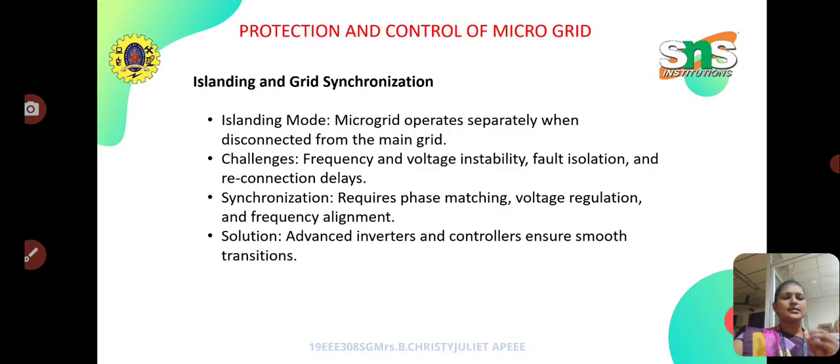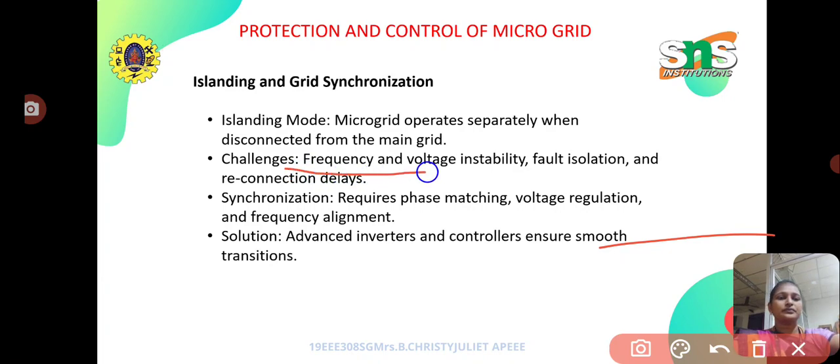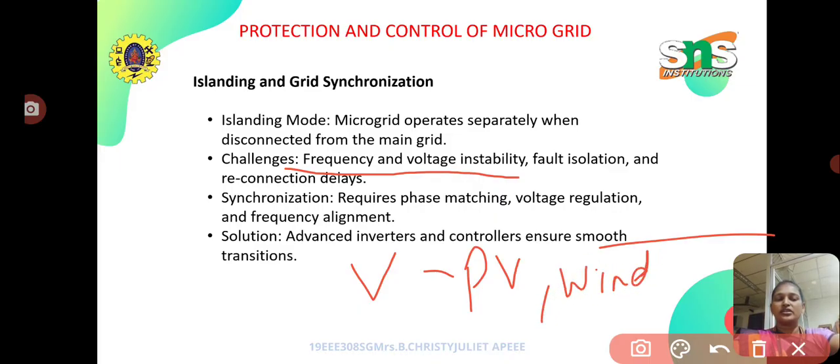But what are the challenges in this islanding mode? There is frequency and voltage instability, just like in other grids, because we are connecting a lot of distributed power generation into a microgrid, where the voltages and frequency will not be the same. Like I've already discussed, the voltage level for PV is different compared to wind.